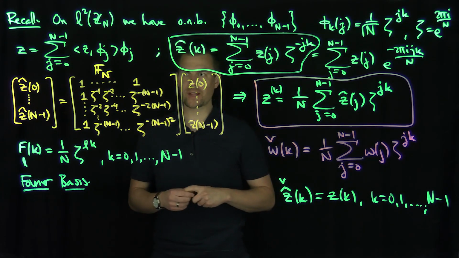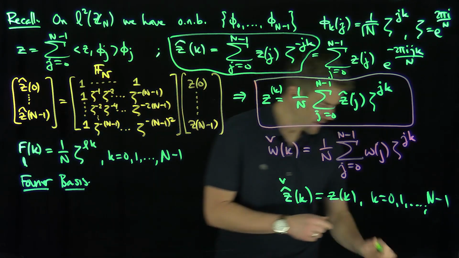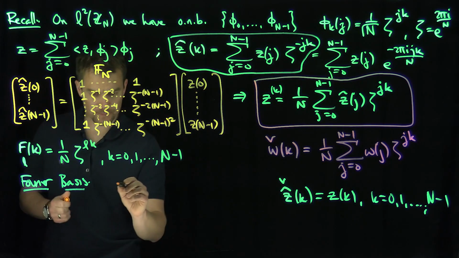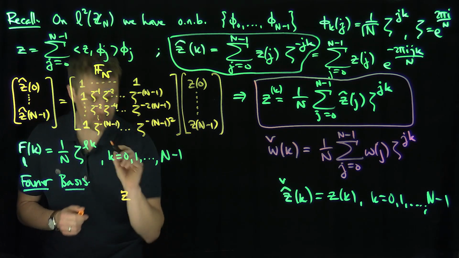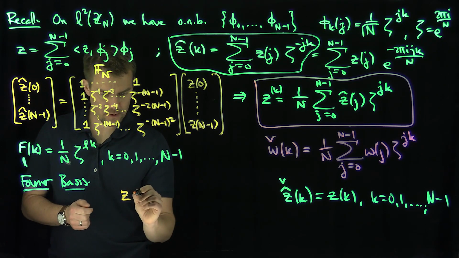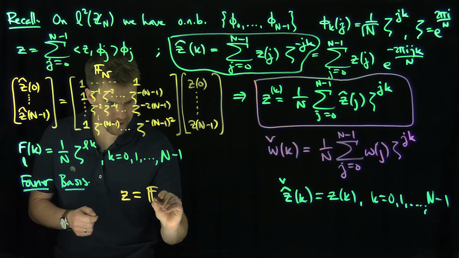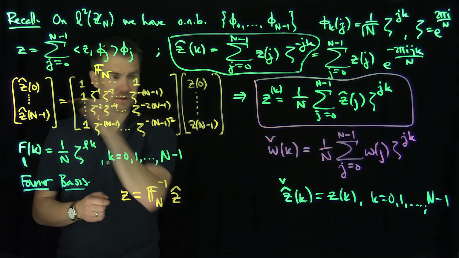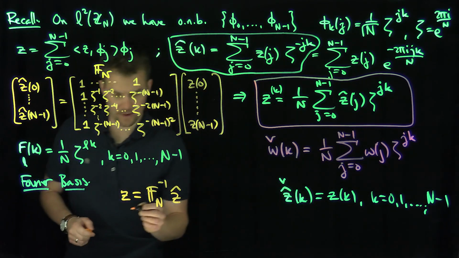And that's beautiful now, because that tells me that if I want to find the inverse Fourier transform, all we need to do is the following. I can therefore write that z is equal to Fn inverse of z hat, by putting the inverse on the other side of the relationship. And from this relationship over here, I know exactly what Fn inverse is.